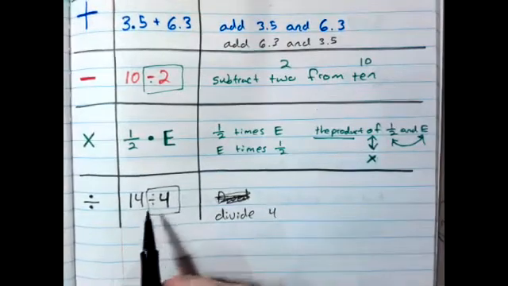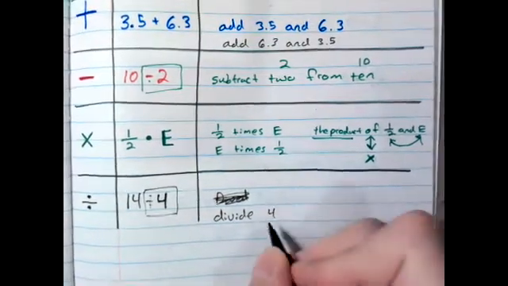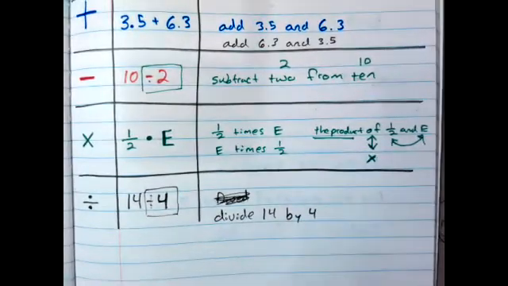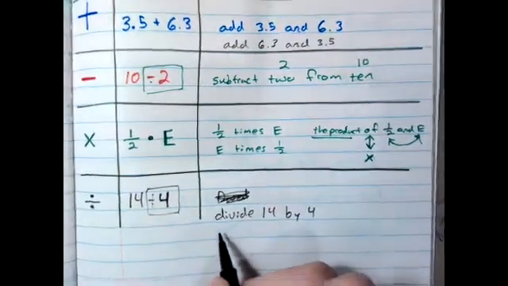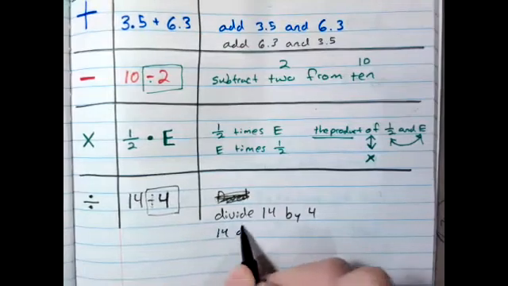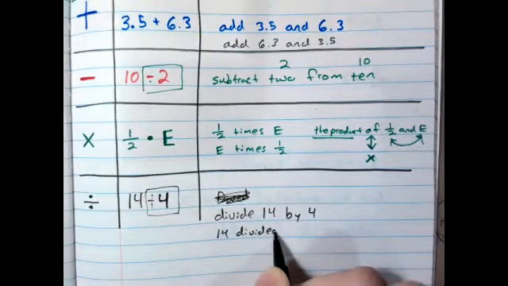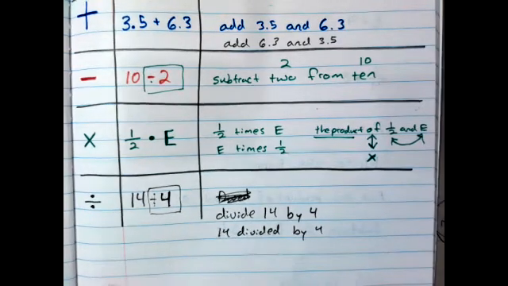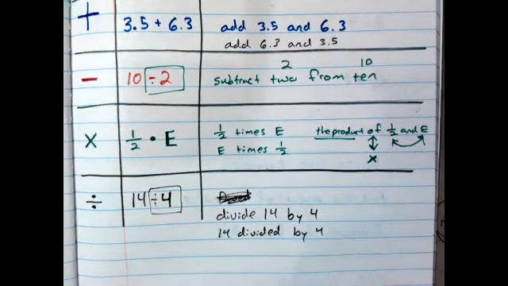Let's read it left to right. 14 divided by 4. So divide 14 by 4. We could also say 14 divided by 4. Either one works.